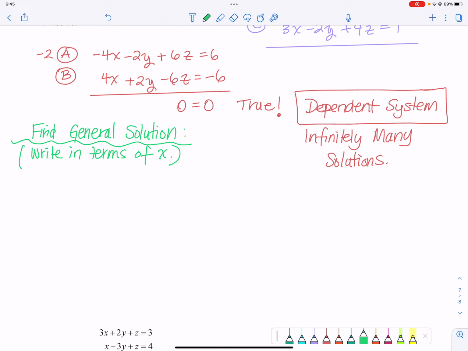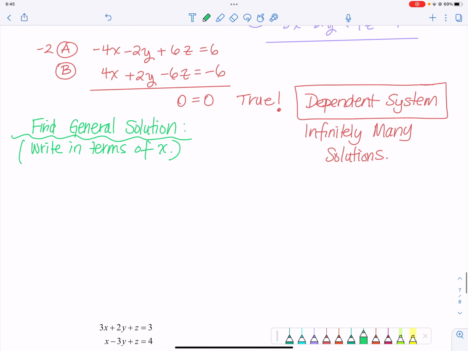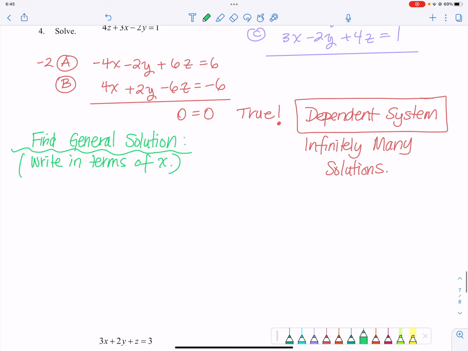Okay? You can choose any variable, but we want to write it in terms of x. So right now, we have x is x, okay? So we're going to try to eliminate variable y first.